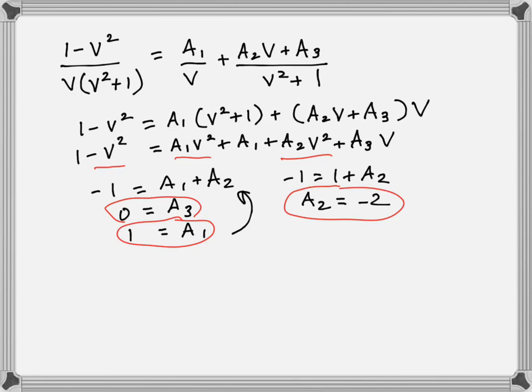So if we use all of those, we end up getting the following for our integral, okay? Remember, we were integrating both sides, and so now we end up with the integral of 1 over v minus 2v over (v squared plus 1) dv, and on the right, we still have dx over x. Okay, but now we can integrate the left side.